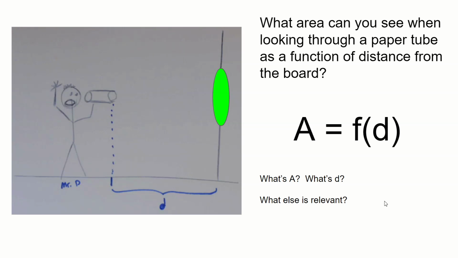The one variable that I'm going to choose as my independent variable is what distance d I am standing from the surface that I'm trying to view. It seems like as I step backwards and put my eye to the paper tube, I should be able to see a larger and larger circular area on the board. So what is this function that relates the area on the board to the distance I'm standing?